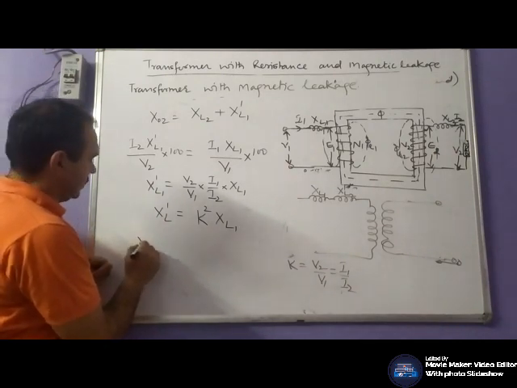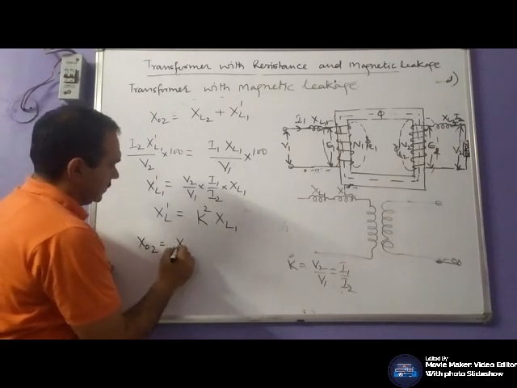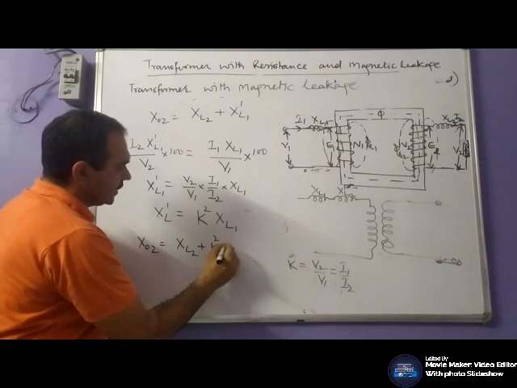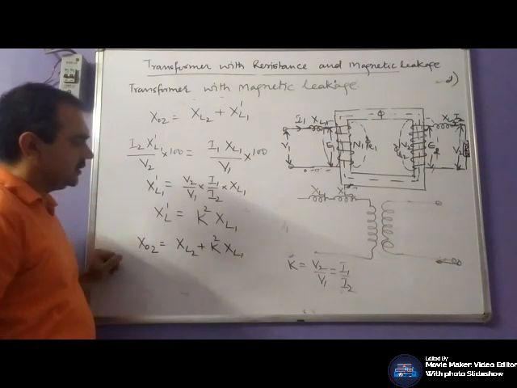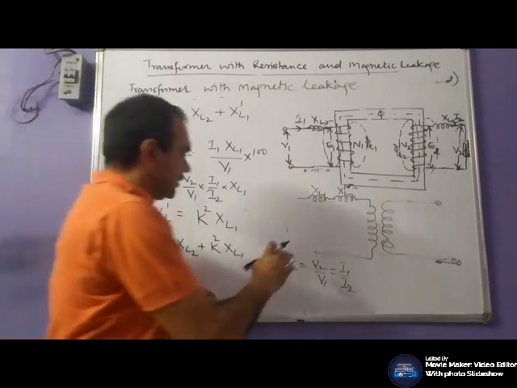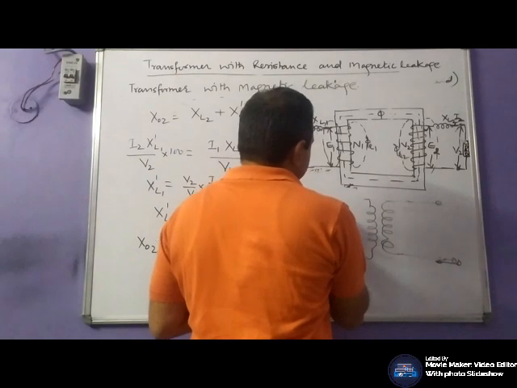Therefore, X02 will be the secondary reactance plus K square XL1. So like resistances, we can transfer these reactances to the secondary side also.